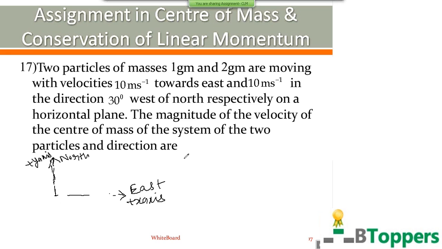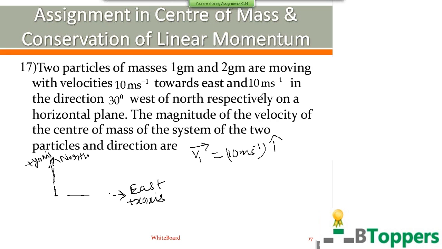The velocity of the first particle is towards east, that means directed along the positive x-axis. So in vector form, the velocity v1 bar of the first particle we can write as 10 meter per second into i cap, because any vector can be expressed as the product of its magnitude and the unit vector in the same direction. i cap is the unit vector along the positive x-axis, that means directed towards east.